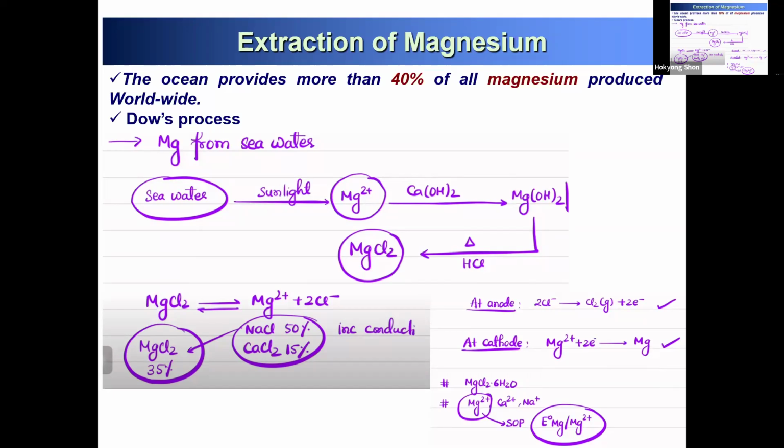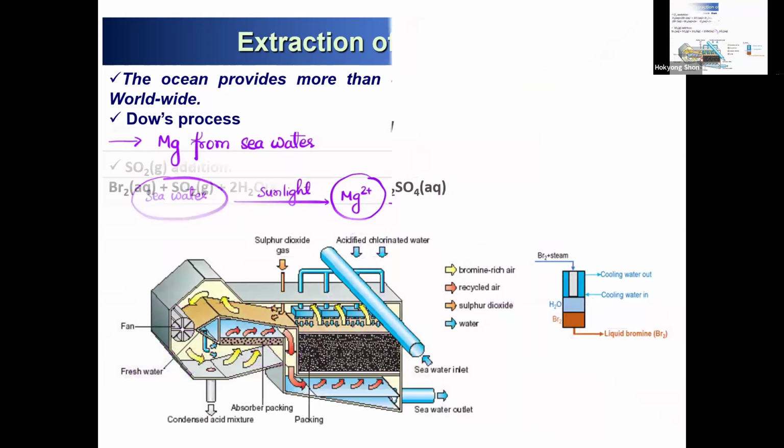Then put in the electron. The electron to Cl- creates chlorine gas. And at the cathode, two electrons combine with Mg2+ and produce the magnesium metal. So you can create more magnesium metal from your magnesium chloride compound.